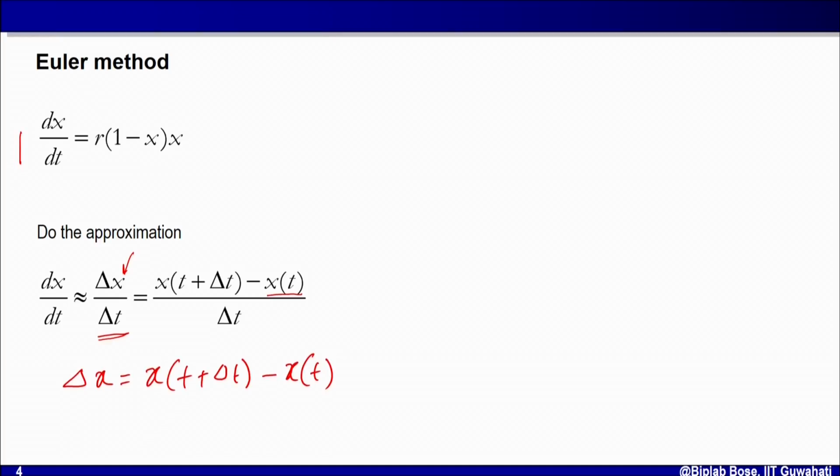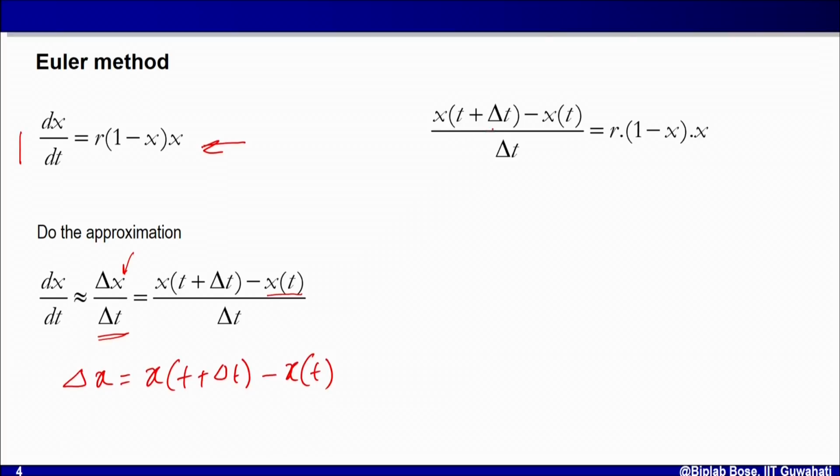Once we have this, we can rewrite the first equation, that ODE, in this form. So dx/dt is equivalent to [x(t + delta t) - x(t)] / delta t. That should be equal to r(1 - x)x. We are getting this from the first equation, the ODE.